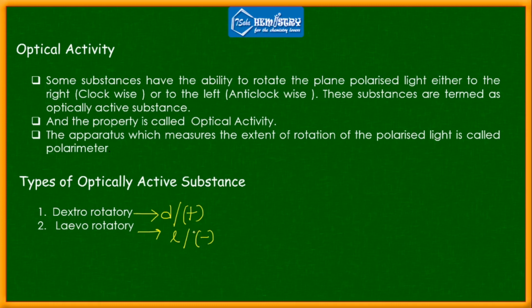Whenever you allow plane polarized light through a dextrorotatory compound, this compound rotates the path of the plane polarized light towards the right, and the levo compound rotates the path of plane polarized light towards the left. That's why we put a plus and a minus sign over here.